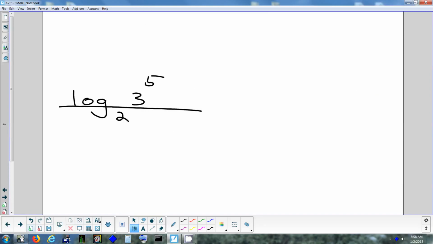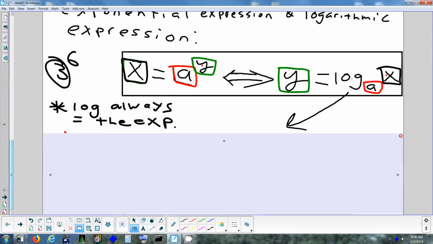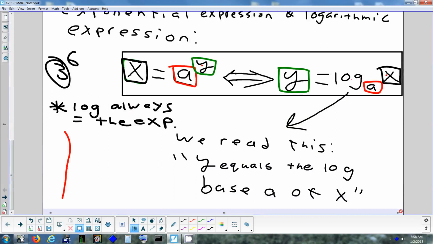That's log base 2 of 3 to the 5th. But if I just have this, there's no exponents in that at all. The 2 is lower than the word log, and the 3 is right on the line with everything else. The way you pronounce that is the way I just pronounced the one on the other page. Y equals, we should read it left to right, log base a of x.